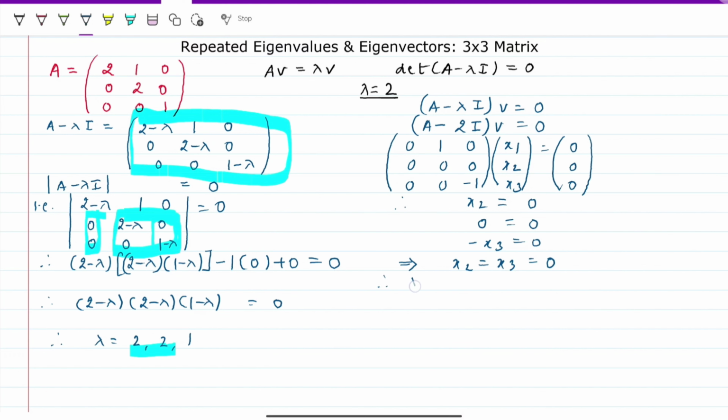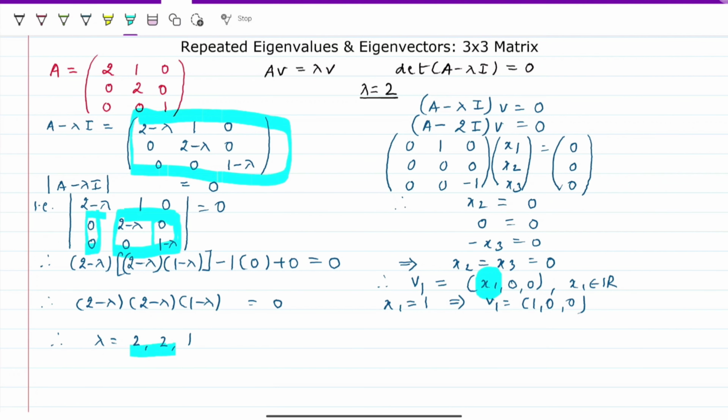So the eigenvector corresponding to lambda equal to 2 is given by v1 equal to x1, 0, 0, where x1 is a real number. If you put x1 as 1, we get v1 is equal to 1, 0, 0. Since the eigenvector contains only one free variable, we cannot find any other linearly independent eigenvector for this particular eigenvalue lambda equal to 2.